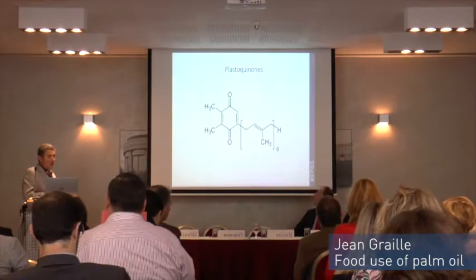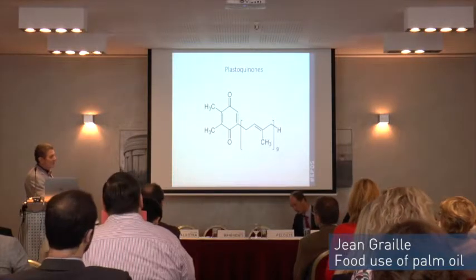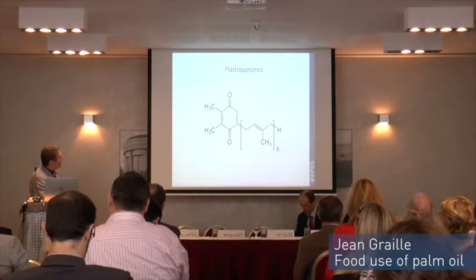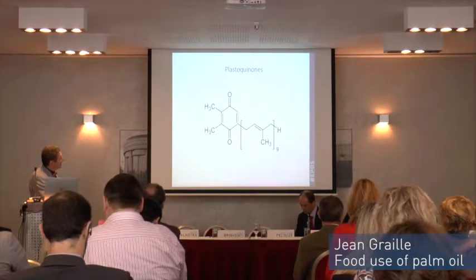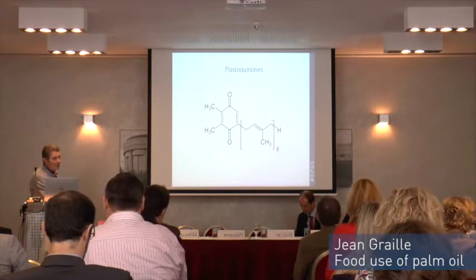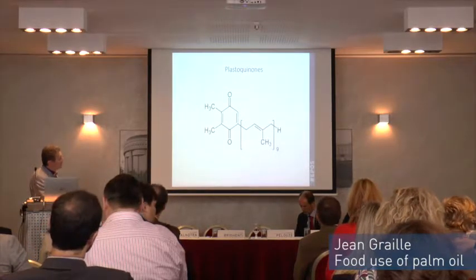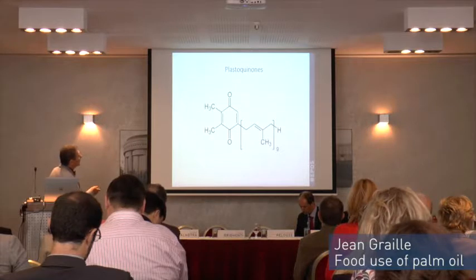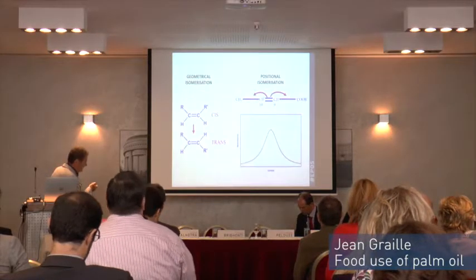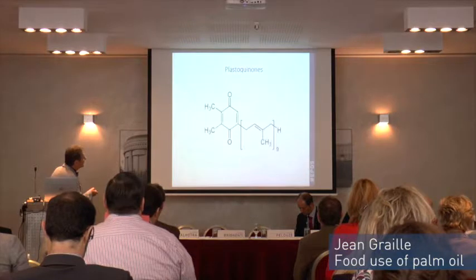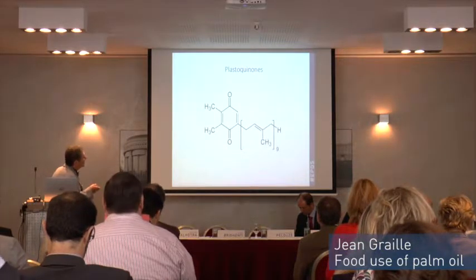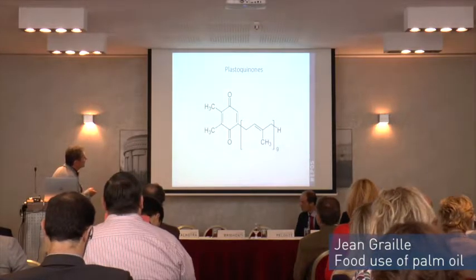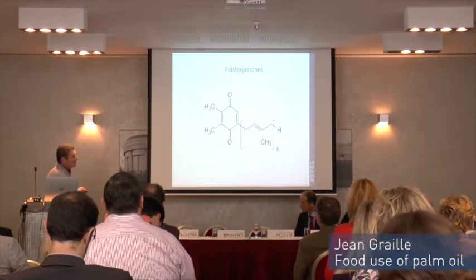This is a new minor component which is also studied in America. This is a plastoquinone. Plastoquinone is an equivalent of coenzyme Q10, which is found in the animal kingdom. In the animal kingdom, you have here a methyl, and here you have 2-methoxy instead of 2 methyls. But both are very similar.